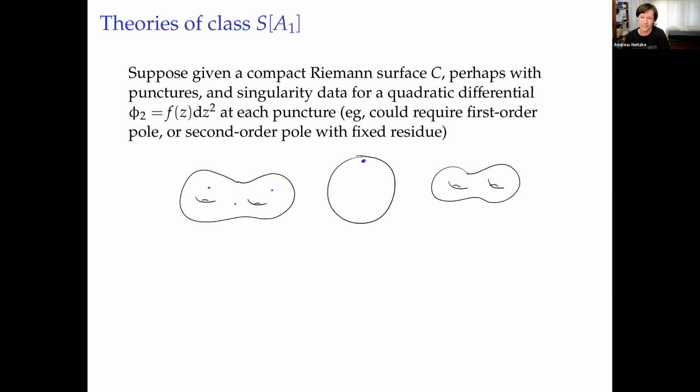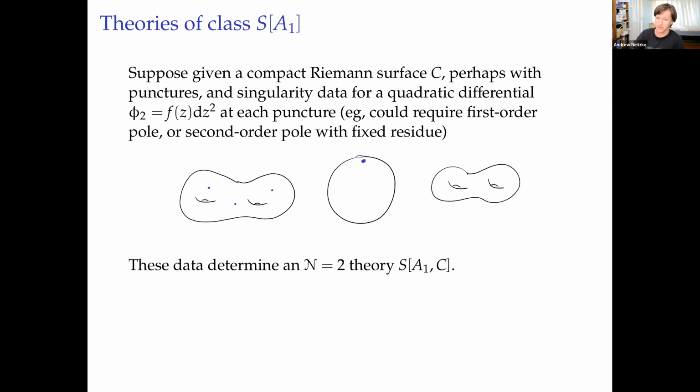Another thing you could require is that it has a second order pole, and then you would fix the residue. There are analogous things for higher order. So suppose we give ourselves that kind of data, just a Riemann surface with punctures and some data at the punctures. That data is enough to determine an N=2 theory.